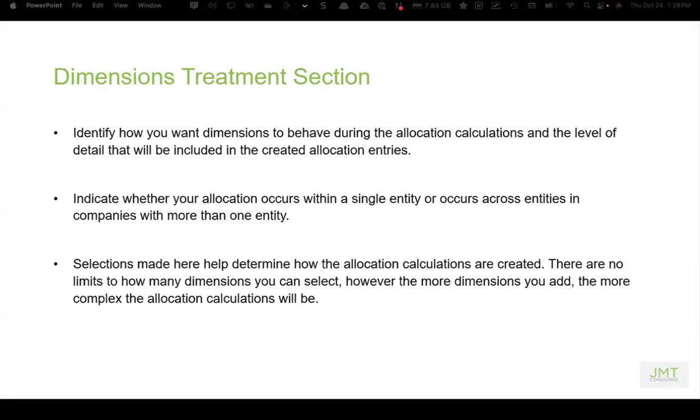And then you've got selections made here that help determine how the allocation calculations are created. There's no limit to how many dimensions you can select. However, the more dimensions you add, the more complex the allocation calculations will be.